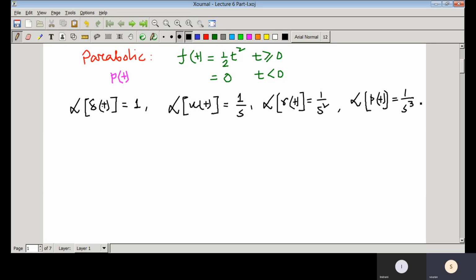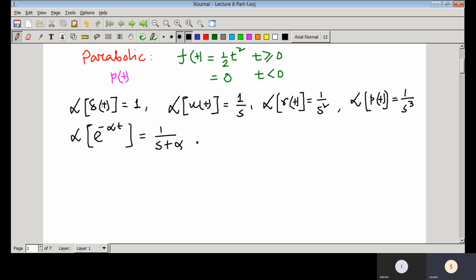There are some other standard signals like exponential, sine, and cosine. If you take the Laplace transform of those standard signals, the transformed functions are as follows. The Laplace transform of e to the power minus alpha t, where alpha is a real number, is 1 by s plus alpha.